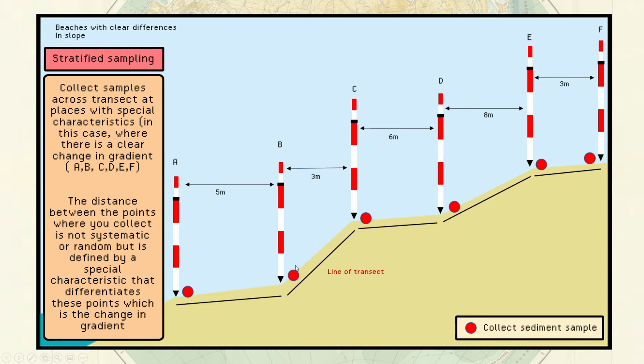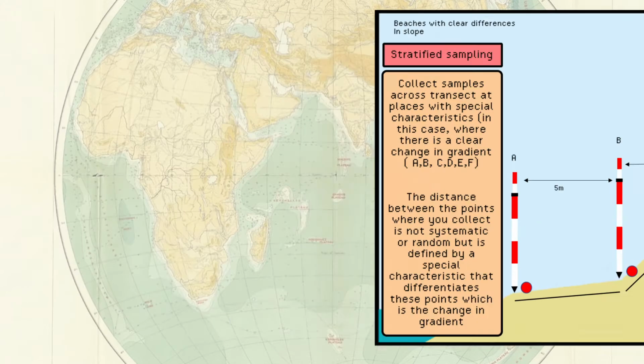That's how you differentiate between stratified and random sampling: it is not random but determined by a particular factor, and the factor here is the change in slope. We have gone through random, stratified, and systematic sampling. I hope you understood the different types of sampling methods. If you don't, just go through this part at your own convenience.